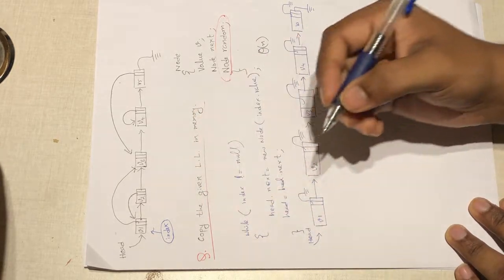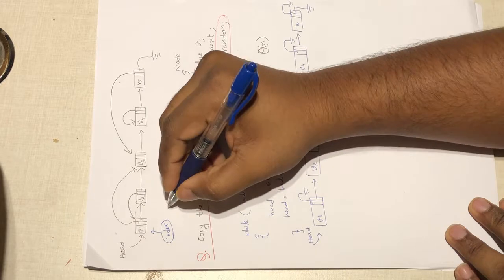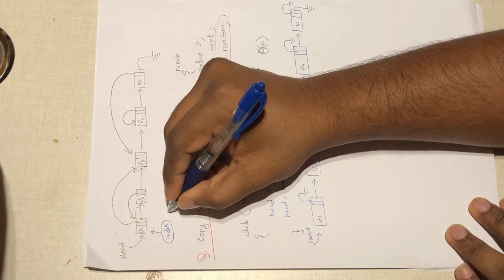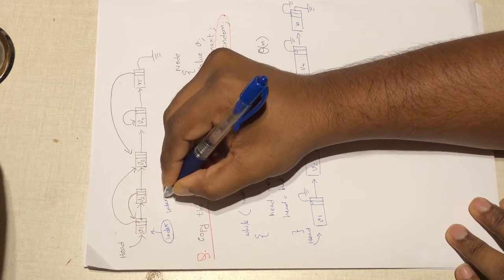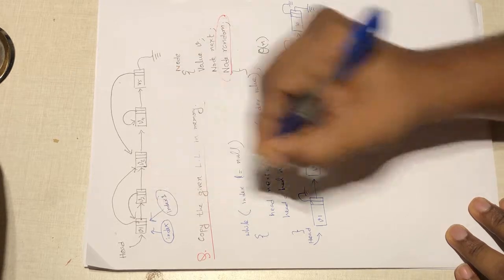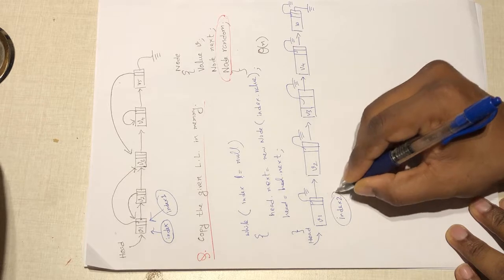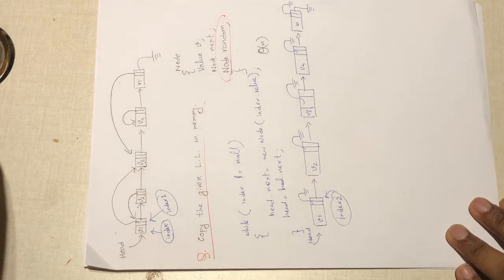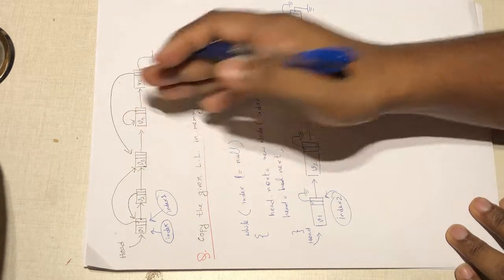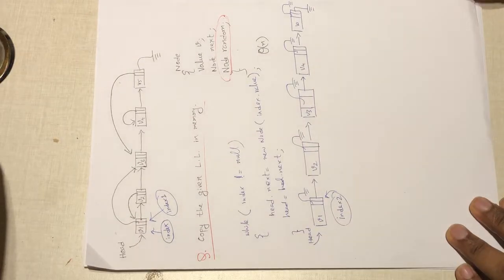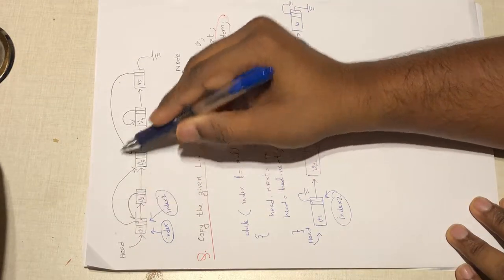So let's try to do it. Naive approach. Index 1, index 2. Now iterate here and try to set the random here, right? So index 1 is going to v3.